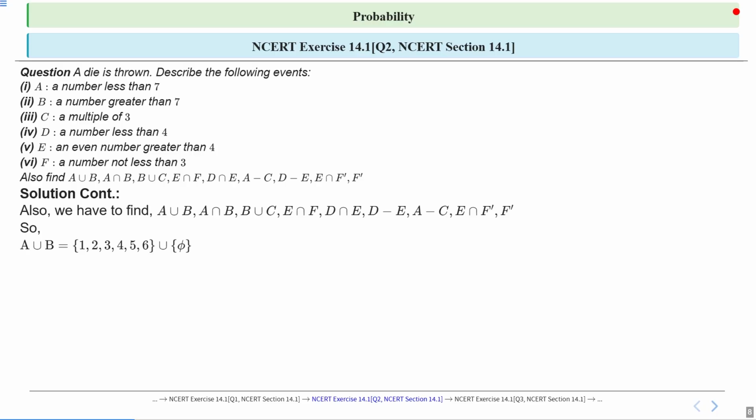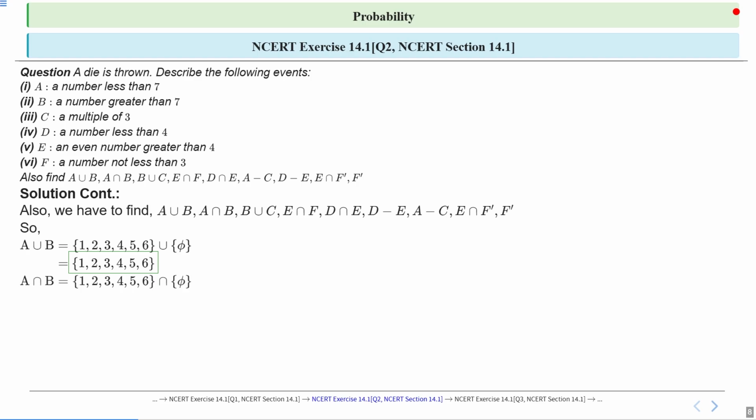We already found event A, which is the set {1, 2, 3, 4, 5, 6}, and event B is the empty set. So A union B is the set {1, 2, 3, 4, 5, 6} union the empty set, and this is equal to the set {1, 2, 3, 4, 5, 6}. So A union B contains these numbers. Clear?